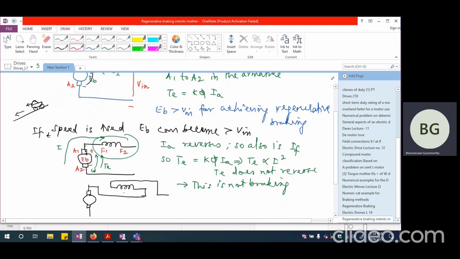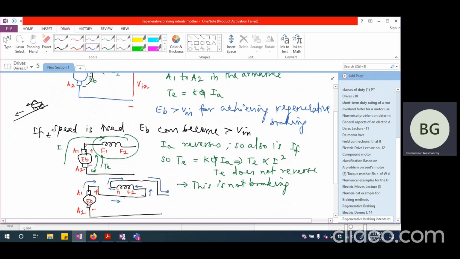So I am going to have F1 here and F2 here, and this is A1 and this is A2, and I'm going to have EB here with plus here and minus here. EB is greater than V, let us say. So in that case, the current will flow like this, and the field current will still flow from F2 to F1 and back to the mains. So this is the way it is going to flow.